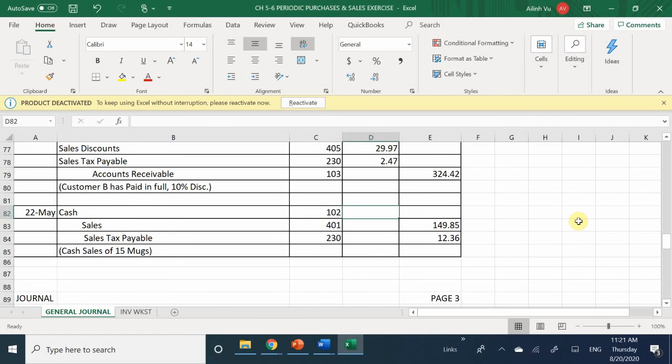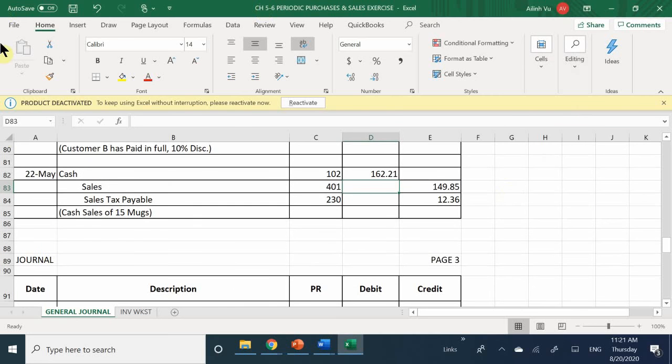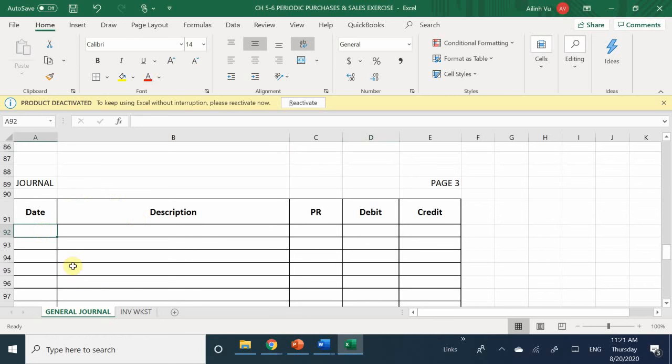We leave it the way it is. So the total amount of cash that we're receiving is going to be $162.21. And here we reach the end of our second journal page. So now we're going to be moving on to the third journal page here.